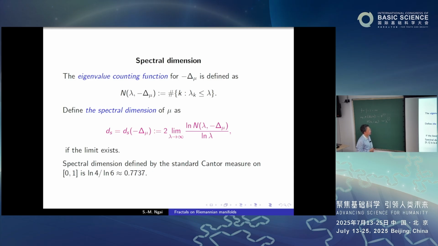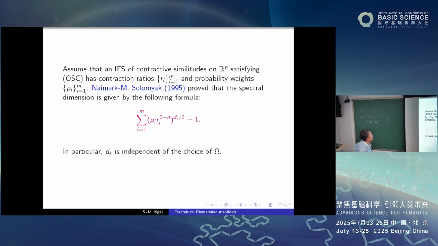You can compute it. All right, so I'll explain why we're interested in this spectral dimension. As usual, if the open set condition is satisfied, then the fractal sets have simpler structures, and the iterations are much more tractable.